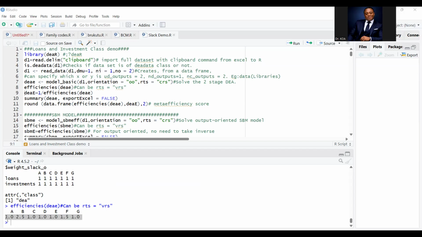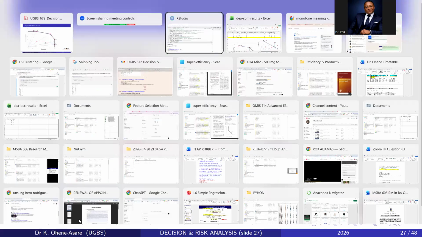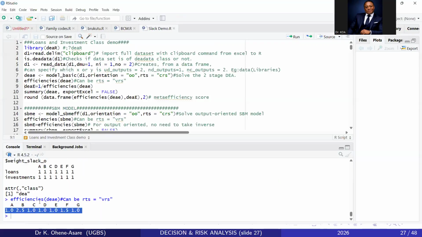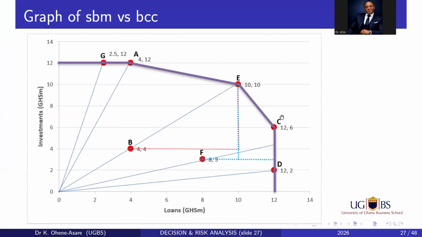You can see that A is truly efficient. B is inefficient. Okay, let's go back to the result. You will notice that C, D, E are all efficient. When they come to the graph, C, D, E are all efficient. But you can see that D is in the wrong place.